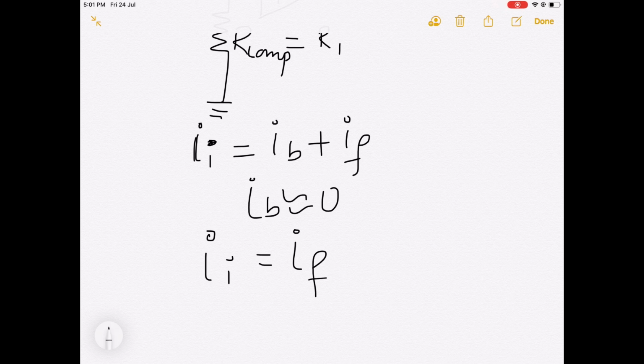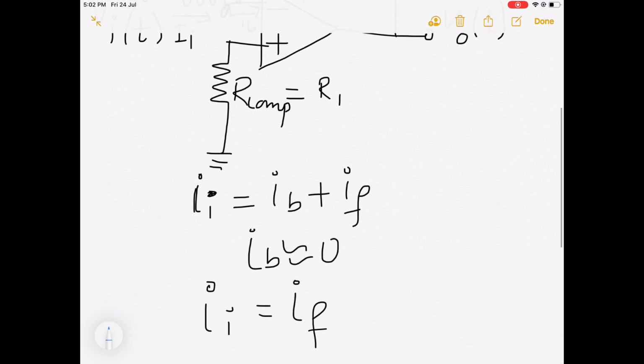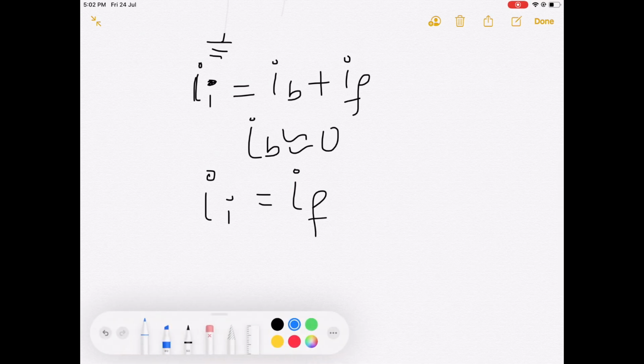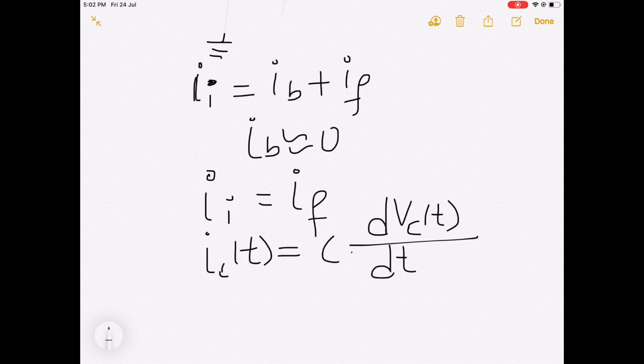Now the current through the capacitor C flows through capacitor C like this. That current can be given by IC of t is equal to C into dVC of t divided by dt. That means your current through capacitor is given by derivative of capacitor voltage.